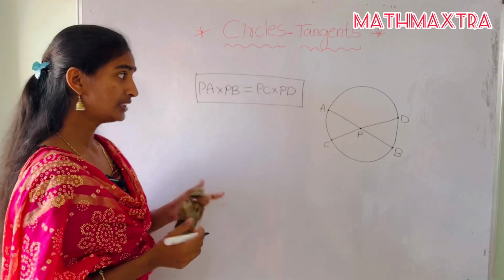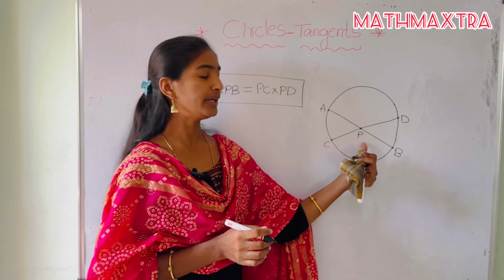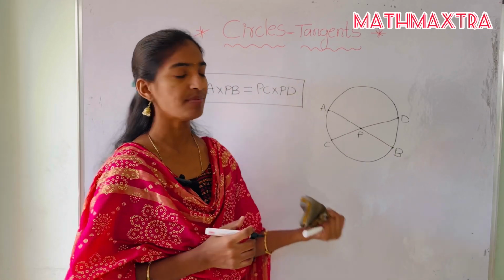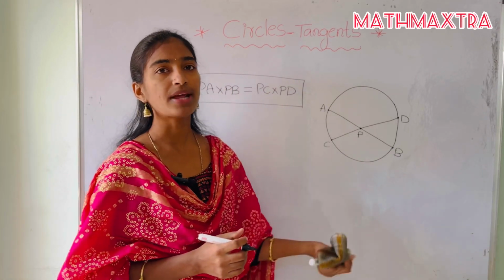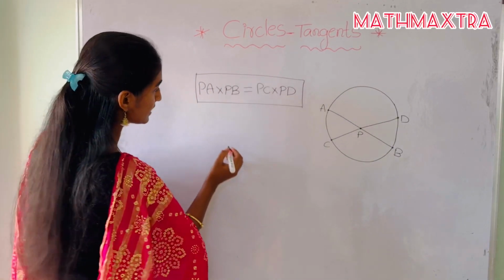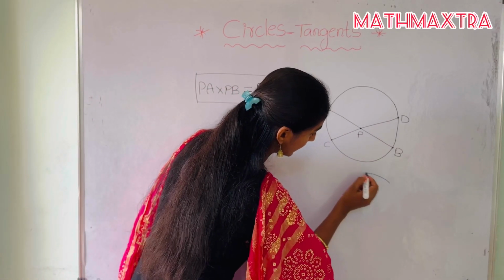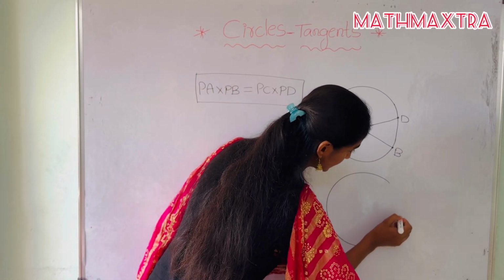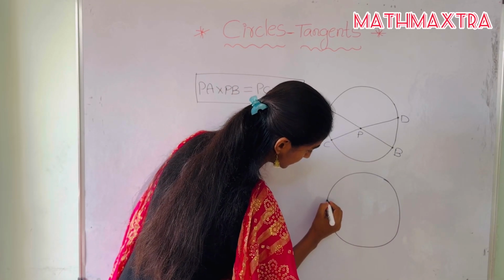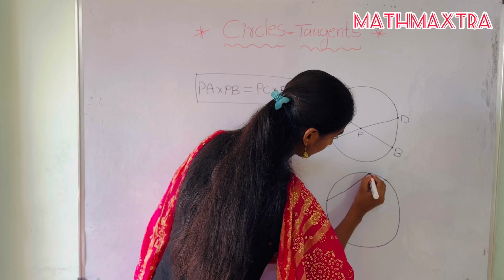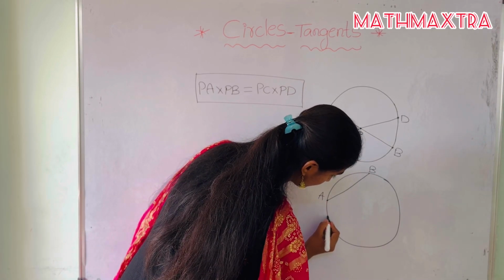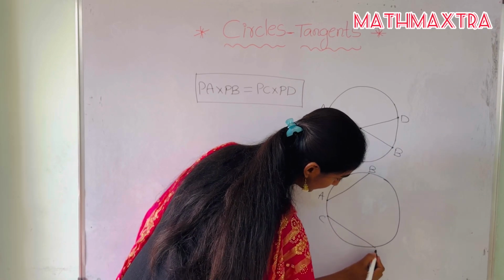Just now we have discussed that the point should not always be in the interior of the circle. Sometimes it may be on the circle. Sometimes it may be outside the circle also. How will it be outside the circle? Now we'll see. If you consider a circle like this, and this is a chord AB and this is a chord CD.